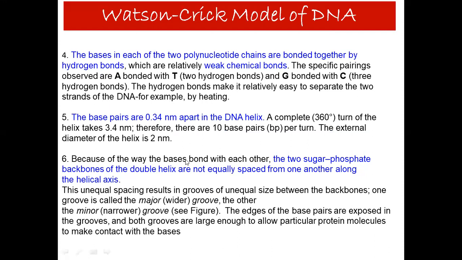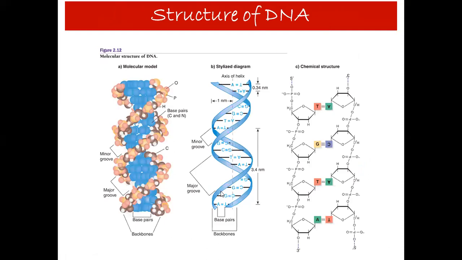Because of the way the bases bond with each other, the two sugar phosphate backbones of the double helix are not equally spaced from one another along the helix axis. This unequal spacing results in grooves of unequal size between the backbones. One is called the major or wider groove, and the other one is the minor groove.